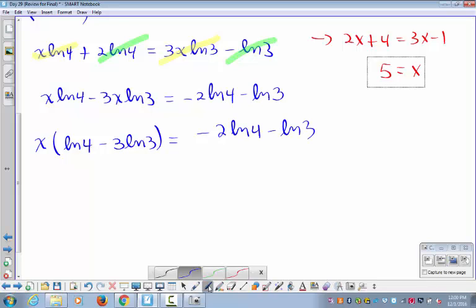And now there's some log rules that you could apply with those expressions on the right. Unless you're asked to combine logs and do stuff, you don't need to. For an equation, if you want to leave that like that, that's fine. You could absolutely pull that -2 up and make that a 1/16 in here. You can do that.